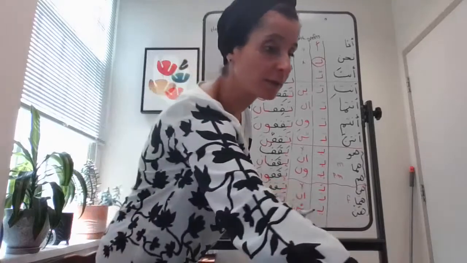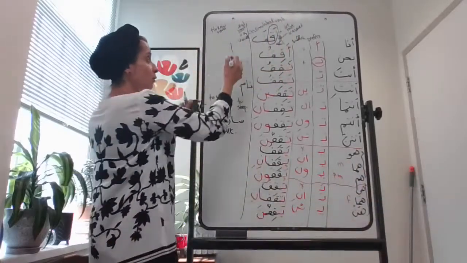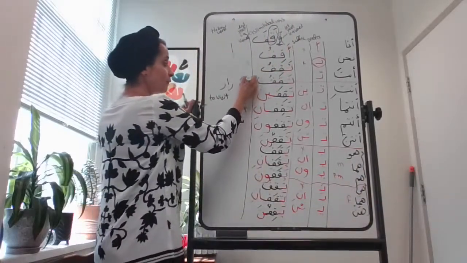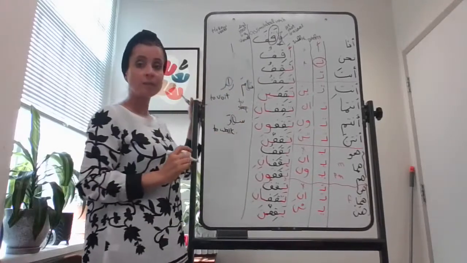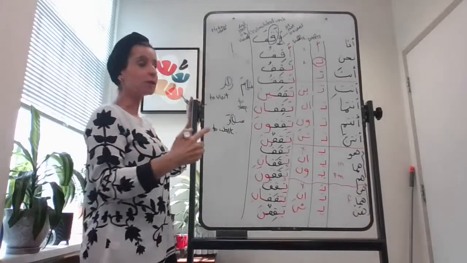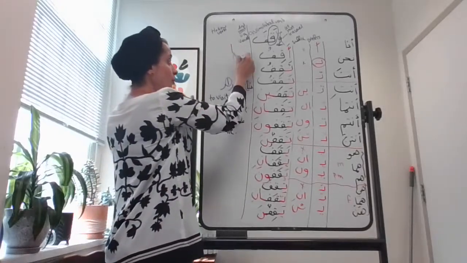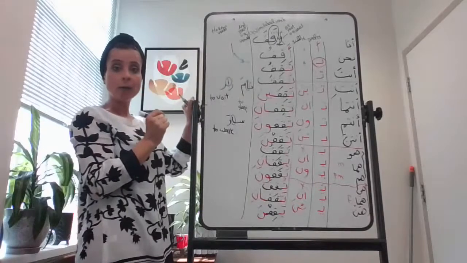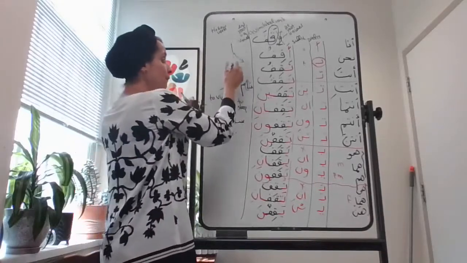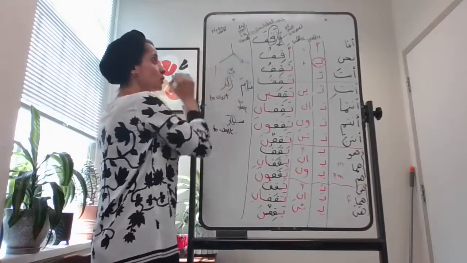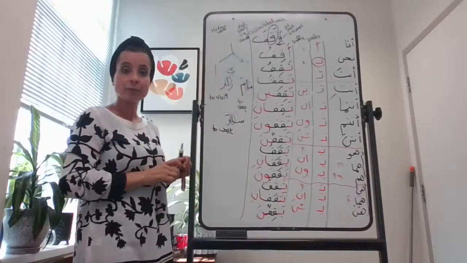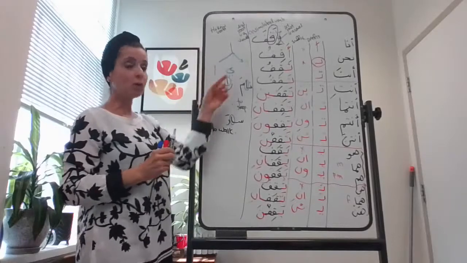So whenever you see الألف, like in the verb nama, or verb zara, or verb sara, الألف has three options. Either it is going to turn to واو, or to يا, or it is going to remain ألف. So you have to be open to all these options.